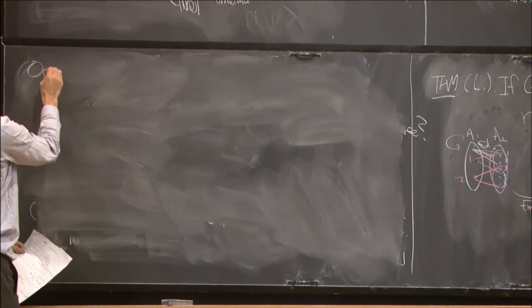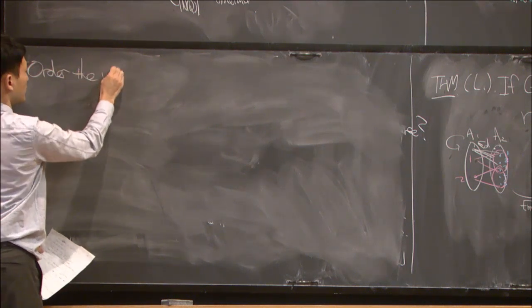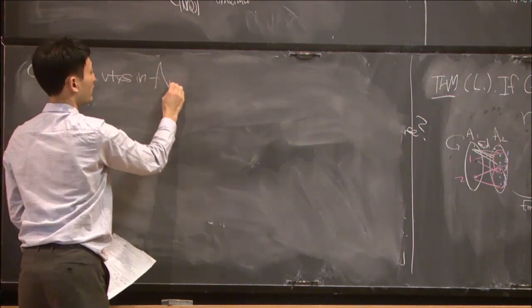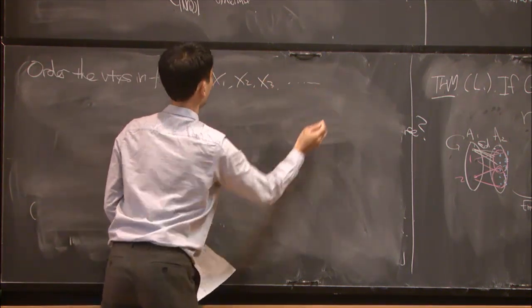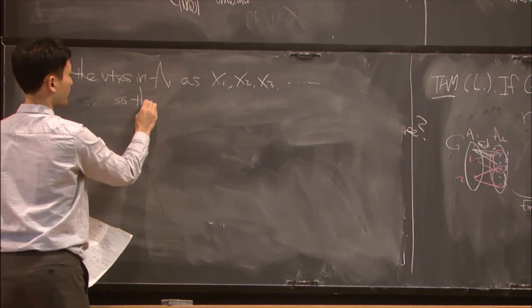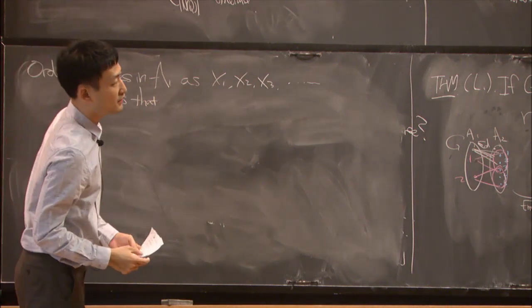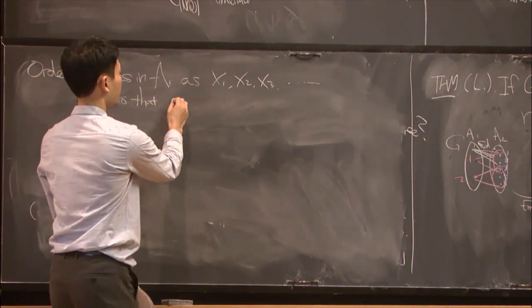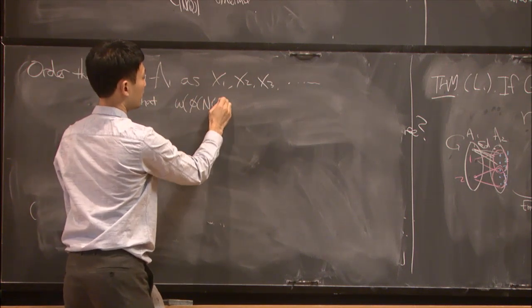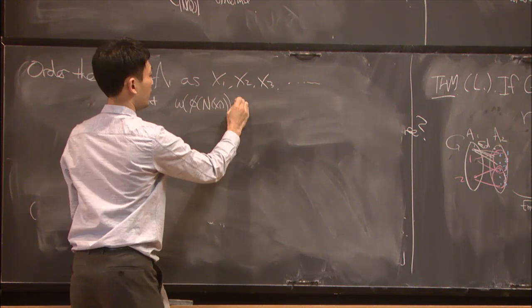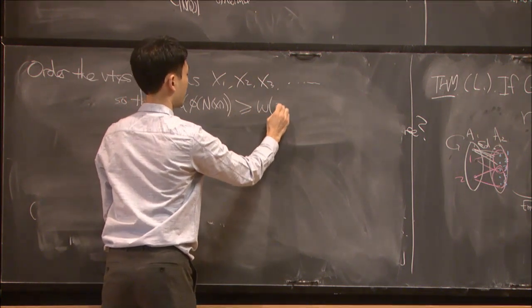So order the vertices in A1 as x1, x2, x3, ... so that the quantity we're interested in, the defect of where its neighborhood went to, neighborhood of x1, is decreasing.